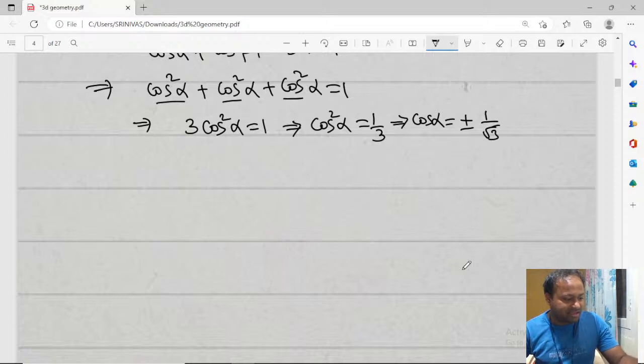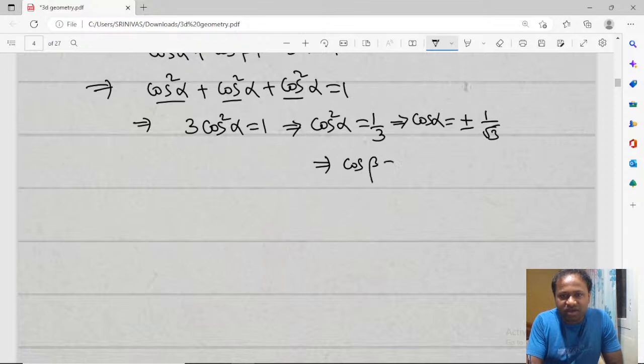So next, here cos alpha is equal to plus or minus 1 by root 3, that implies similarly cos beta value is also plus or minus 1 by root 3 and cos gamma is also plus or minus 1 by root 3.